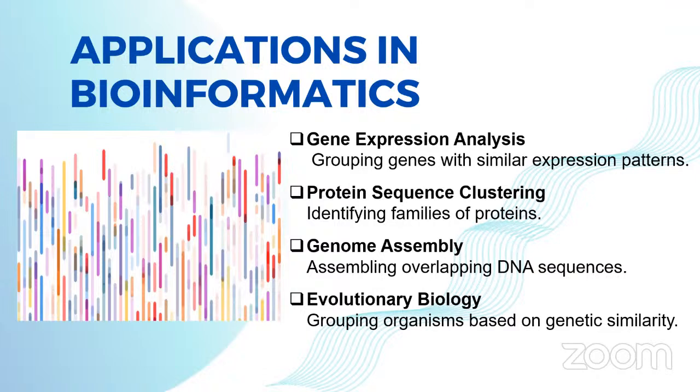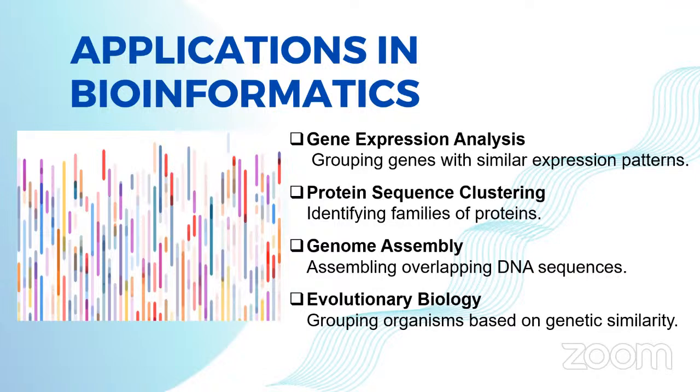The benefit of using clustering techniques in genome assembly is that it enhances the accuracy and completeness of the genome assemblies, and it also helps in identifying and correcting the sequencing errors, so the errors are reduced.